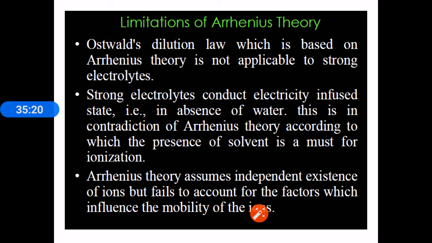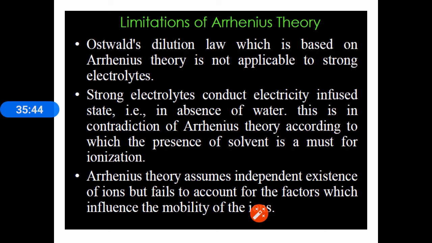So instead of using the term ionization, the Arrhenius theory of ionization, it is called dissociation. So the term ionization is replaced by dissociation because ions are present even in the absence of water also.